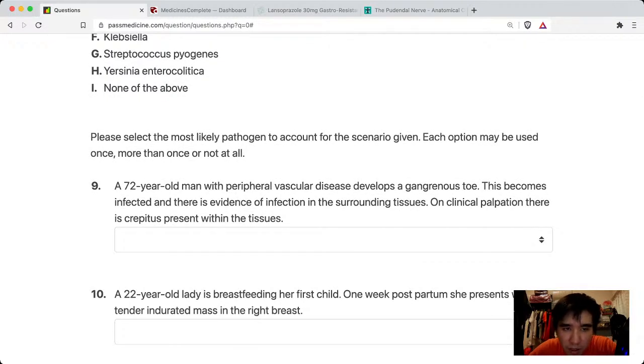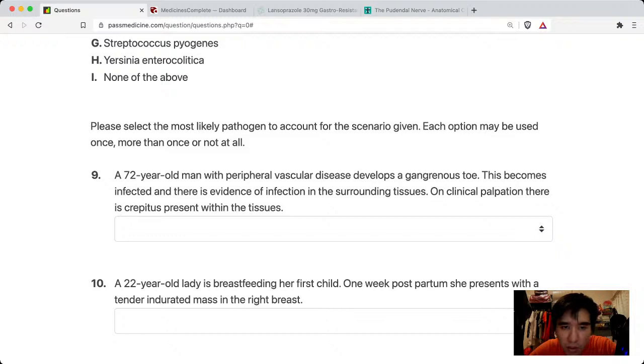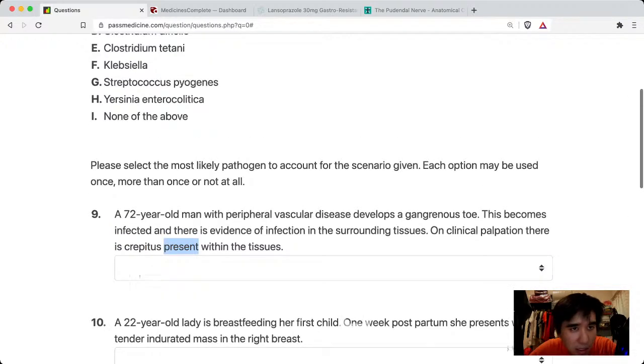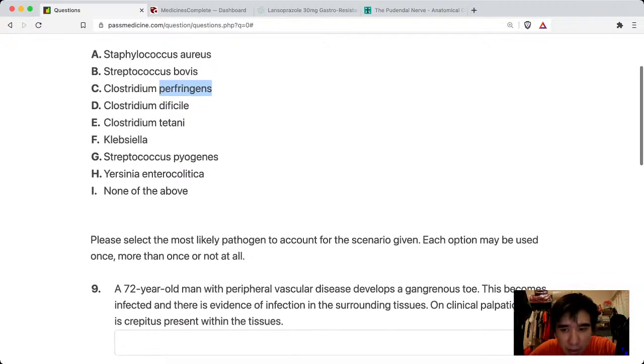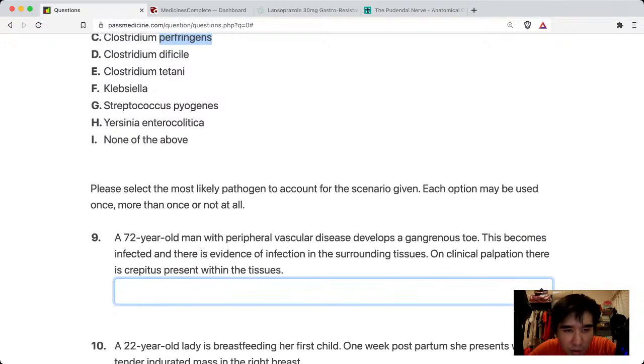This becomes infected and there is evidence of infection in surrounding tissues. On clinical palpation, there is crepitus present within the tissues. Crepitus. It sounds like gas gangrene. What causes gas gangrene? Clostridium. One of the Clostridium perfringens, I think. Don't really remember very clearly, but that sounds about right.